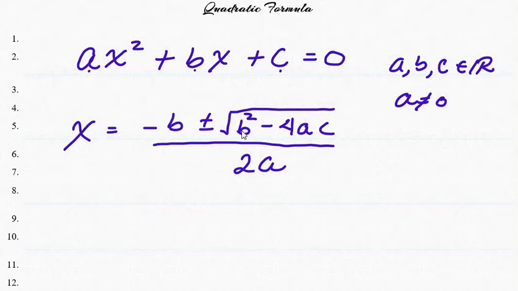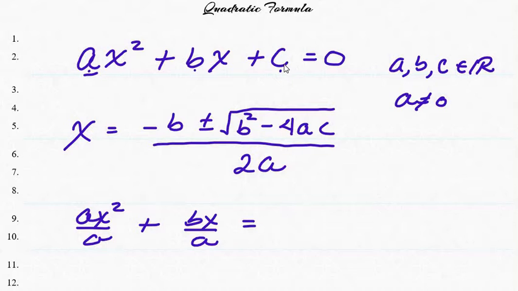So quickly here, we're going to try to complete the square. What we want to do is get a 1 as a coefficient. So I'm going to multiply through by 1 over A all the way across. That's going to give us AX squared over A plus BX over A is equal to, and I should say that we need to also move the C over to the right, or subtract C from both sides.